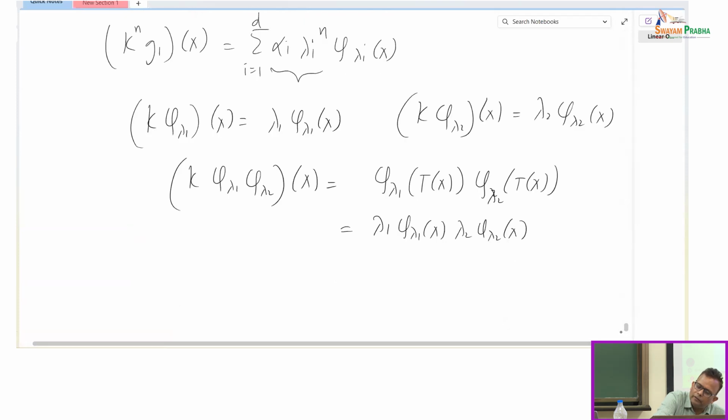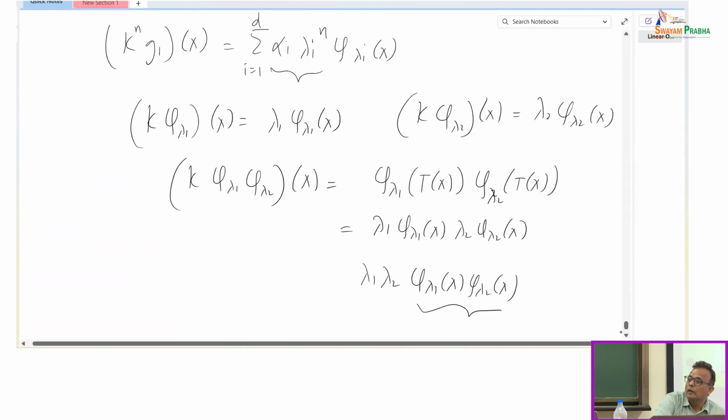So it will be a product: lambda 1 lambda 2 phi lambda 1 of x phi lambda 2 of x. So lambda 1 lambda 2 becomes the eigenvalue.